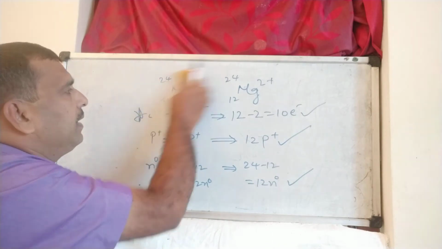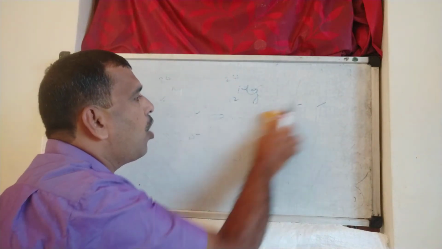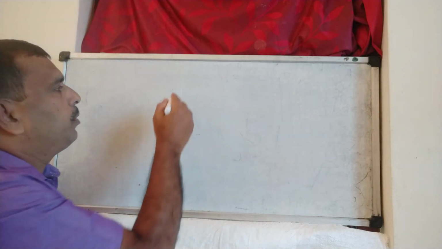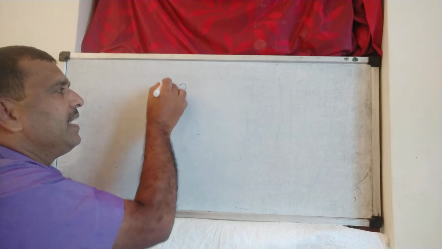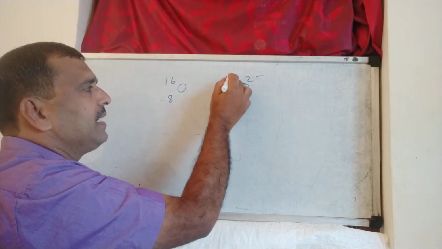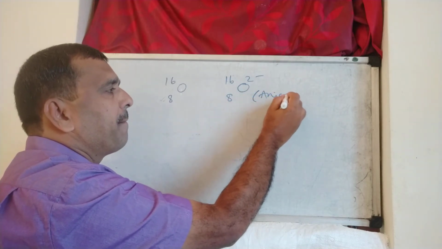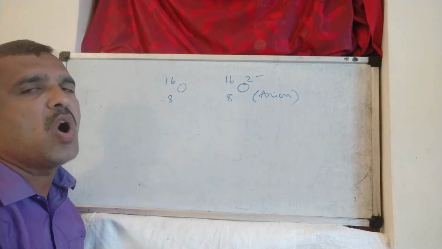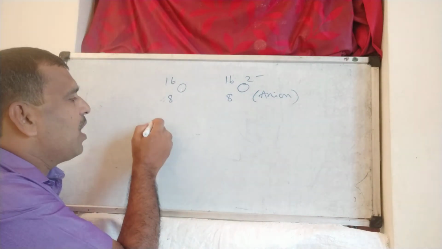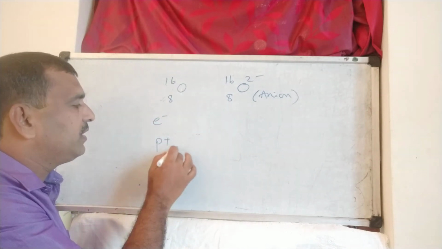For example, how many electrons are present in an oxygen atom and an oxygen ion? Suppose you take O, 8 and 16, then O 2 minus, that is also 8 and 16. This we call an anion. This is called the oxide ion. Here, how many electrons, protons and neutrons are present?